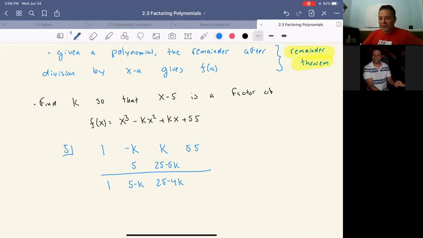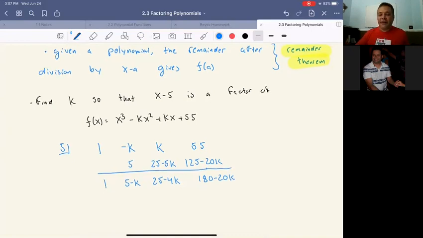I've done this problem so many times that I knew something was wrong. 5 times 25 is 125 minus 20k. All right. 55 and 125 minus 20k, so that's going to give us 180 minus 20k.